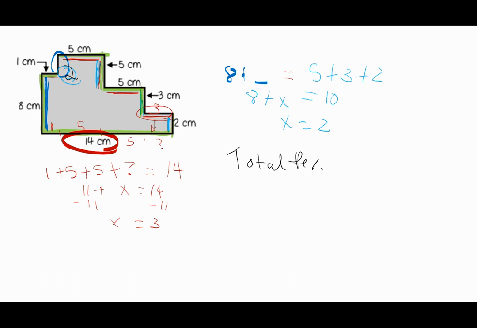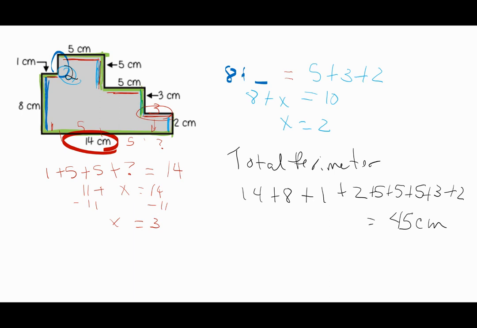So the total perimeter is 14 plus 8 plus 1 plus 2 plus 5 plus 5 plus 5 plus 3 plus 2, which adds up to 45. And it's centimeters, not centimeters squared, not centimeters cubed, just centimeters.